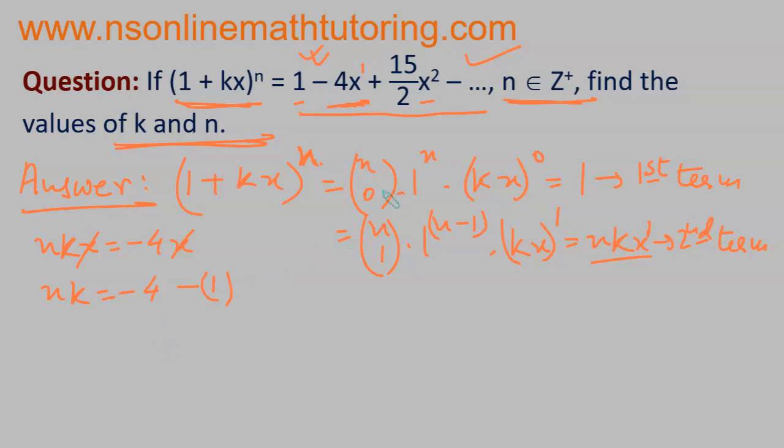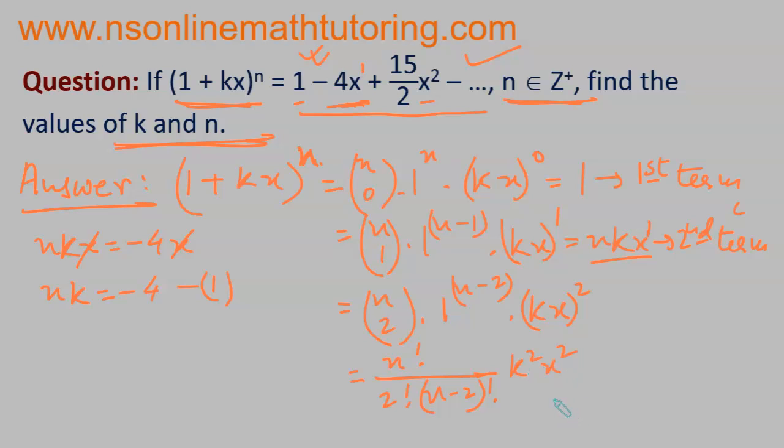Okay. Coming to the third term, we have done the second term. NC2 times 1 raised to the power of n minus 2 times kx raised to the power of 2. And what is NC2? It is n factorial over 2 factorial times n minus 2 factorial. And 1 raised to the power of n minus 2 can be ignored, and this is k square x square.